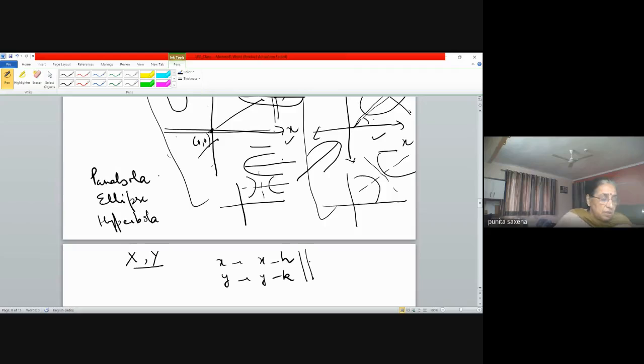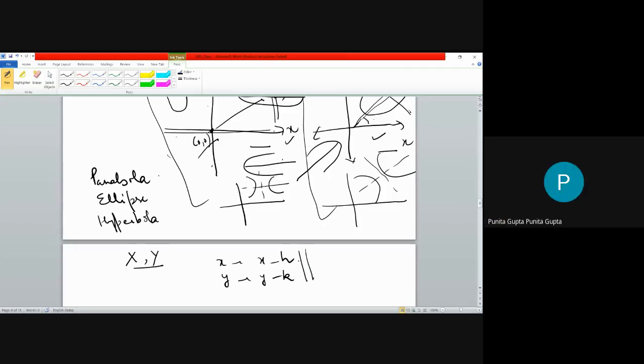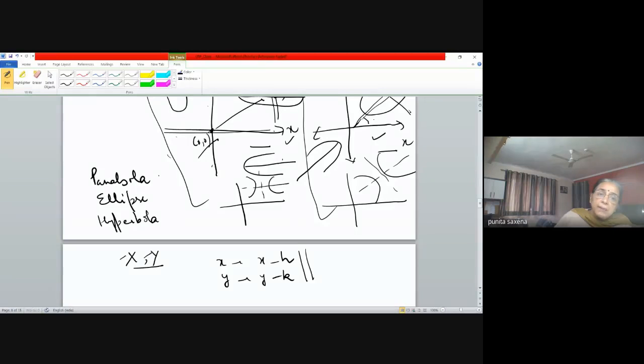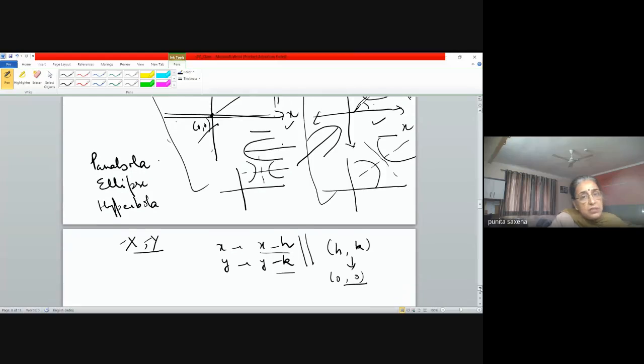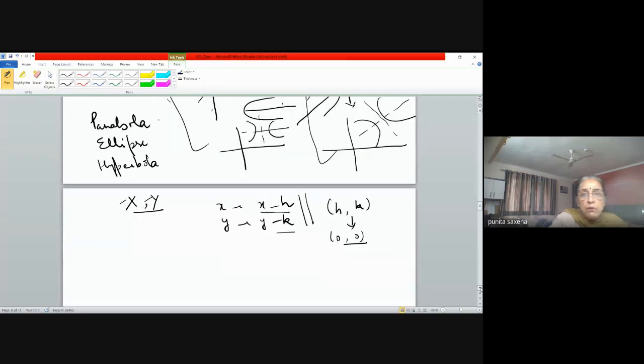So I have a new coordinate system in which H, K will do the job of 0, 0. और तो कुछ भी नहीं कर रहे, right? And so as a result, तो जो हमने rules बनाए थे अभी तक sketch करने के लिए, the same rules will follow.